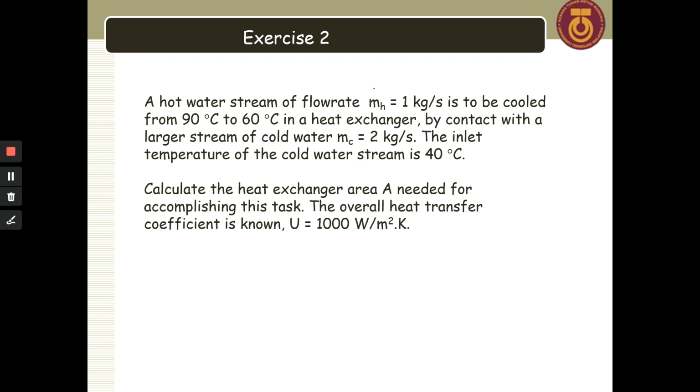The flow rate is given for both the heating and cooling streams, and temperature is given for the inlet and outlet of the heating stream, so you can use either the NTU or LMTD method. This is also given for the cold water.